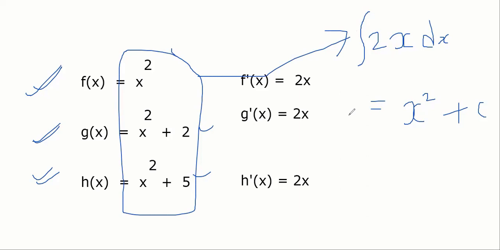That is why don't forget to write plus c, because you don't know whether it's x square, or x square plus 2, or x square plus 100, or x square plus something or x square plus b, right? So that's why we add all the families of those functions which are represented by x square plus something. Got it, everybody? That is the core meaning of this.